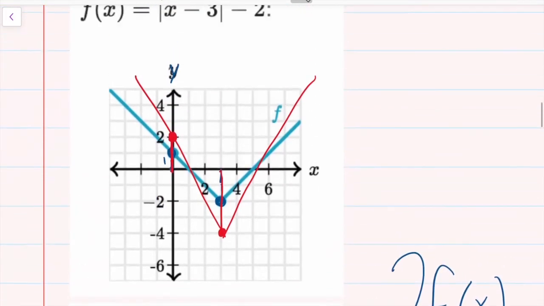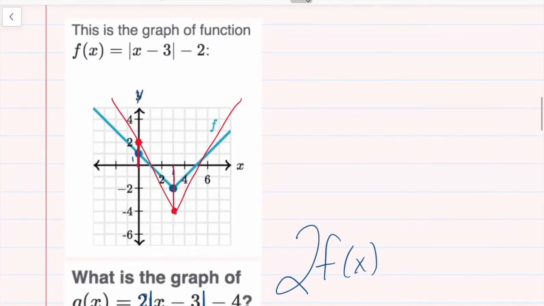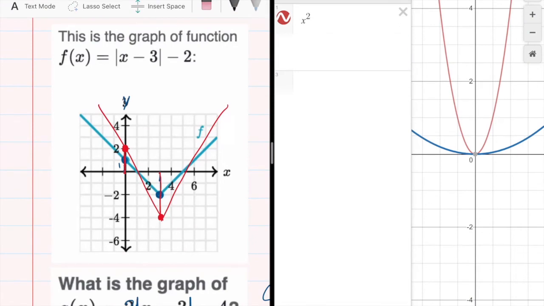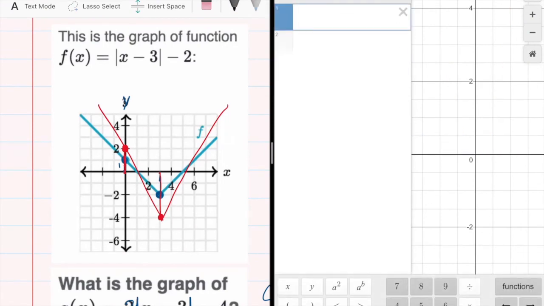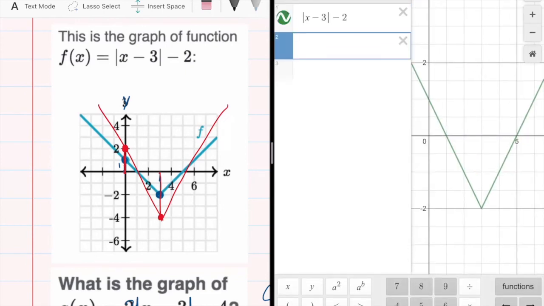And how do we know this is true? Well, very simple. Now that they gave us a graph, we can actually check with Mr. Desmos himself. So let's graph the original. The original was the absolute value of x minus 3, minus 2. That's the original, like they gave it to us. And if we were to multiply that by 2, that's 2 absolute value, x minus 3, close the absolute value, minus 4.